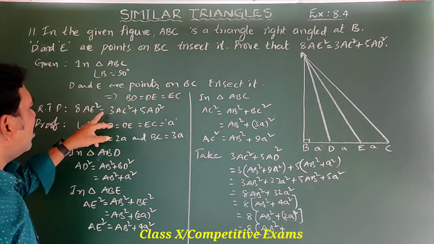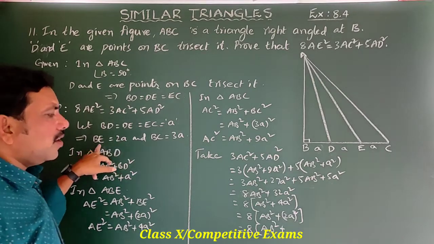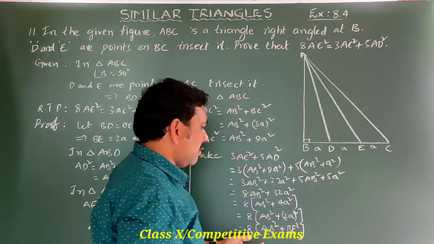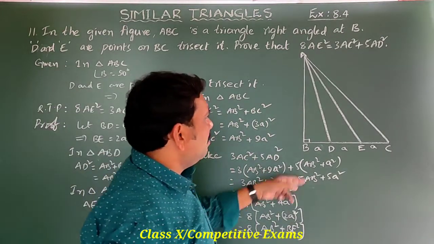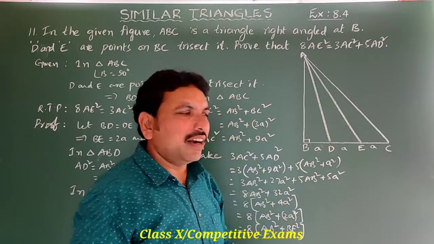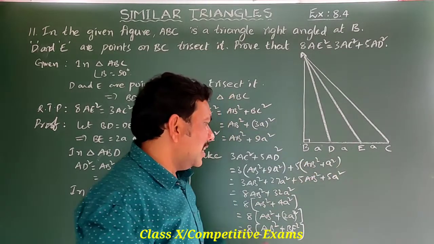Here 2a is what we have taken? BE, yes, BE square. AB square plus BE square means AE square, see, AB square plus BE square is AE square by Pythagoras theorem.